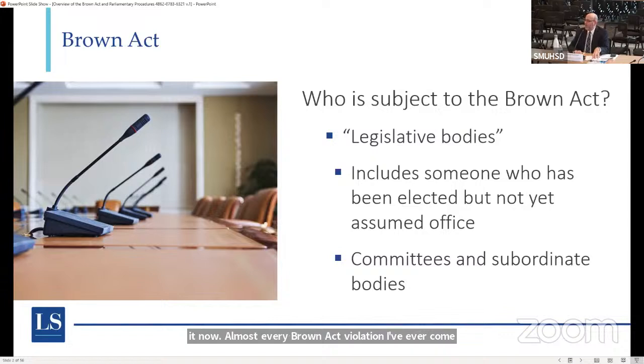It was not people meeting in a dark alley, in the dark of night, with a quorum of the board members. Although that happens, it's rare. It's usually somebody doing something completely innocent that turns out not to strictly comply with the Brown Act. So my job is to make you paranoid and to make you think every time before you hit send on your email, every time you're standing in line at the grocery store and see one another, to be thinking about these issues. That's really part of this process.